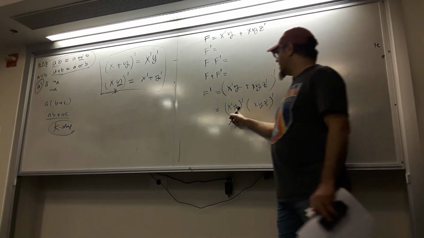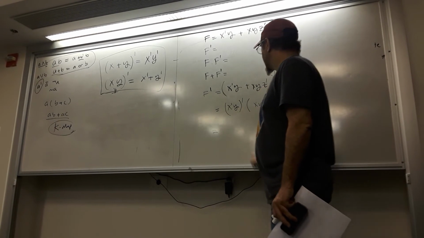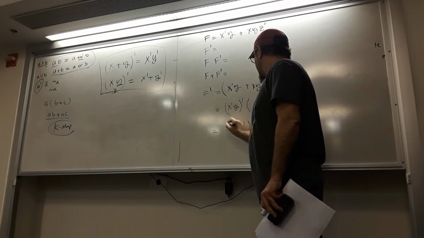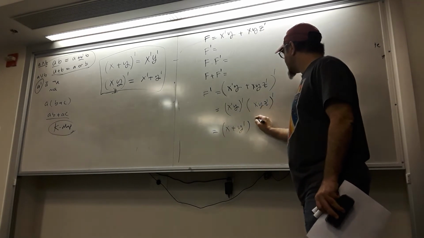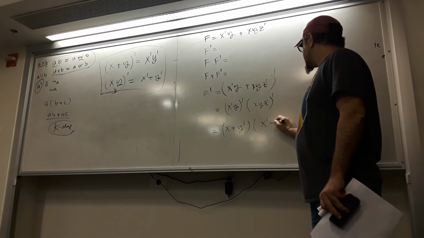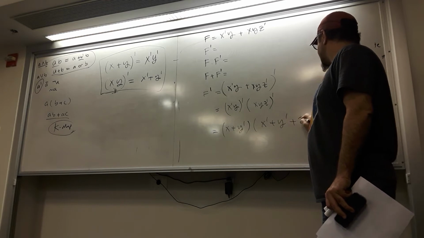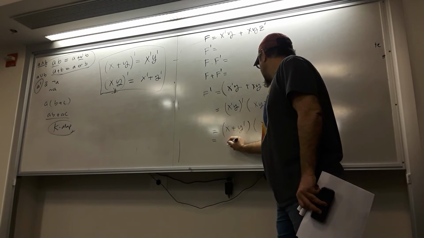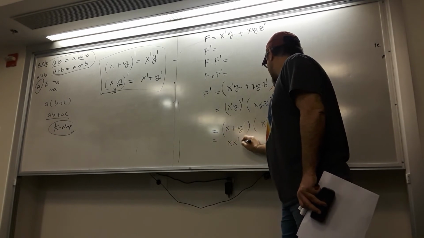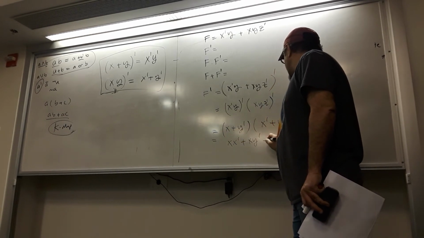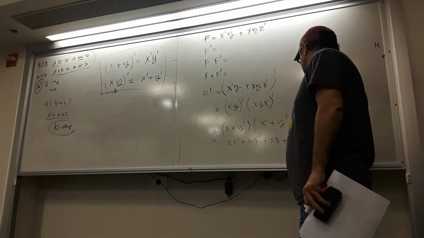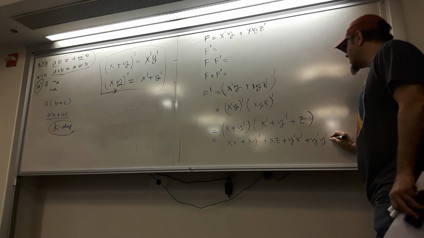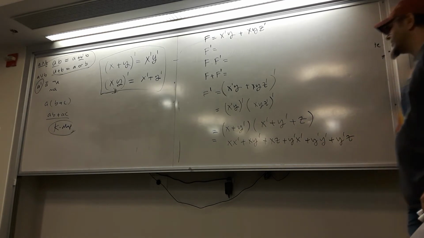So that will actually expand one more time. So it's going to be not x plus y, and then that will be not x plus not y plus z, all right? And then you will go further: x not x plus x not y plus xz plus y not x plus y not y plus yz.